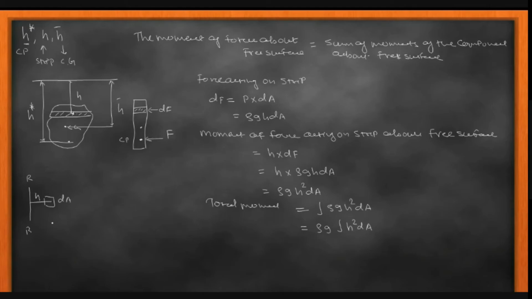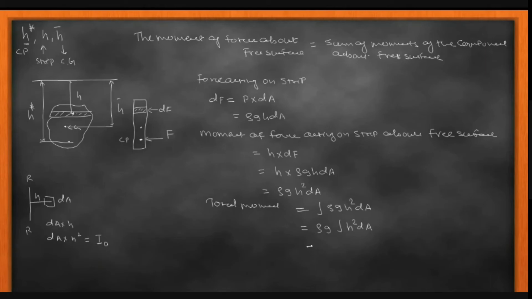So the first moment is dA into h, and the second moment is dA into h square, and this is called the moment of inertia, and it is indicated by I. In the textbook, it is written as I naught, and I naught means the moment of inertia about the free surface.